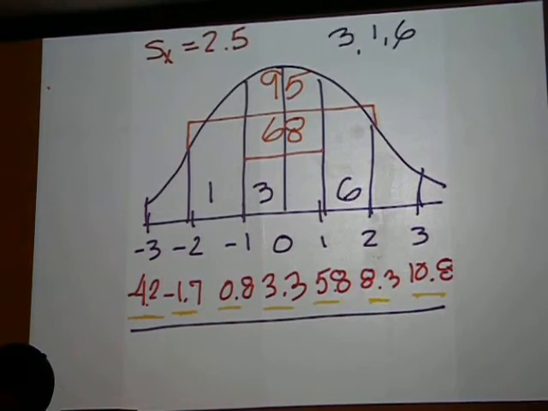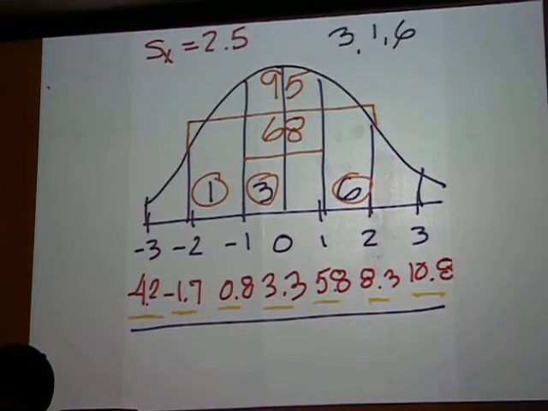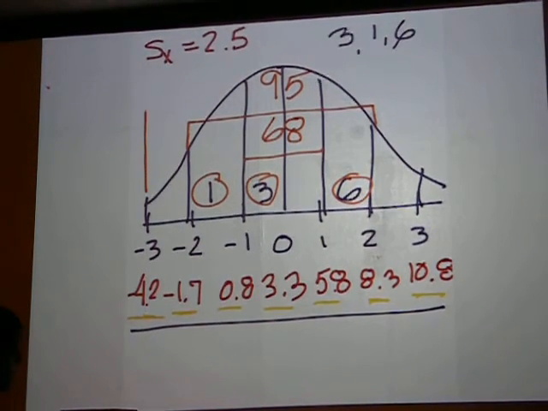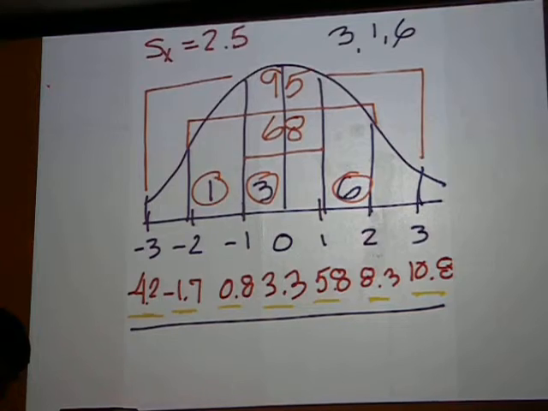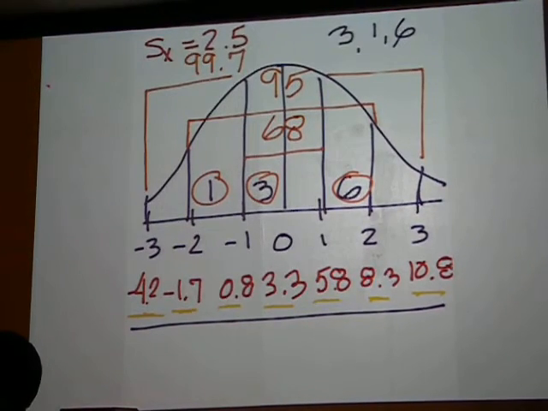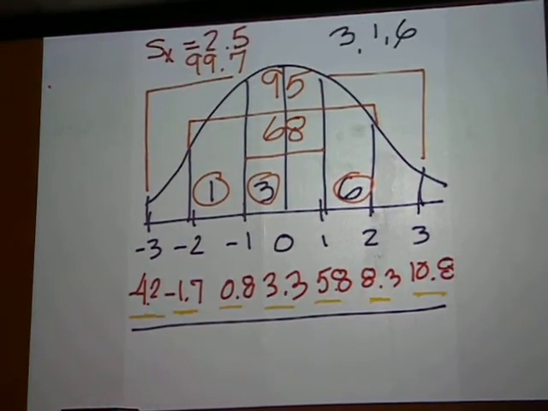Well, clearly we have 100% of our data because the 1, 3, and the 6 all fall into that spot there. And of course, if you go out to this area, we have 99.7%. We have more than that inside of just the 95%. So this list of numbers is not approximately normal, it's skewed.